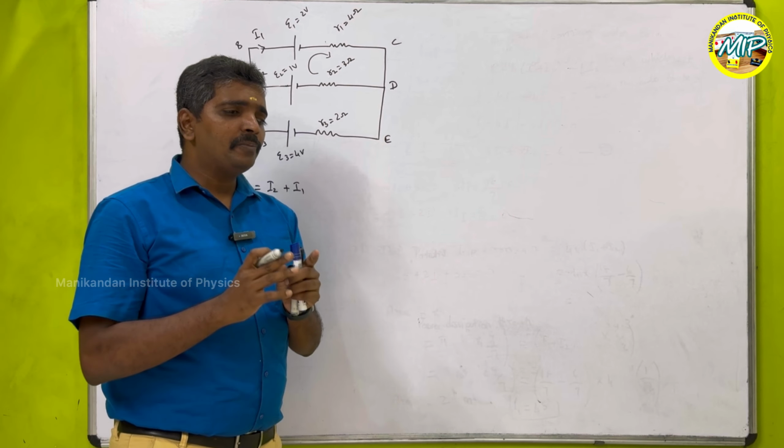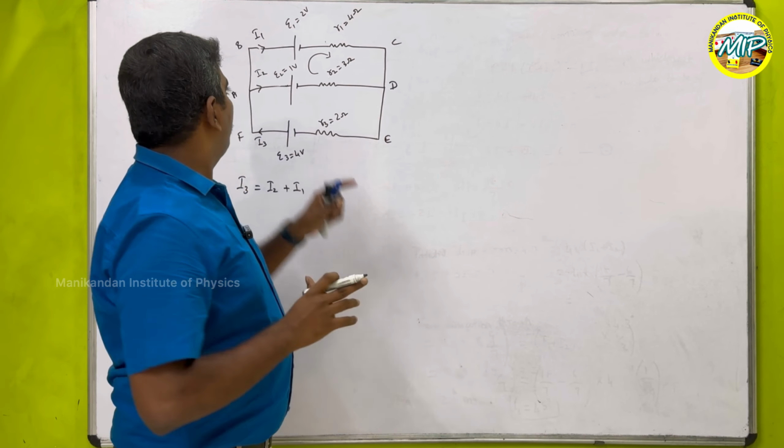If the positive terminals are on the same side, we have to subtract. If there is a plus sign, we have to add. So same side subtract. For this loop, the current entering here is I1, the current entering is I2, and the current leaving is I3.